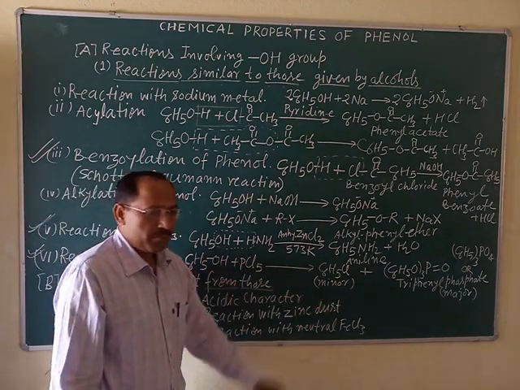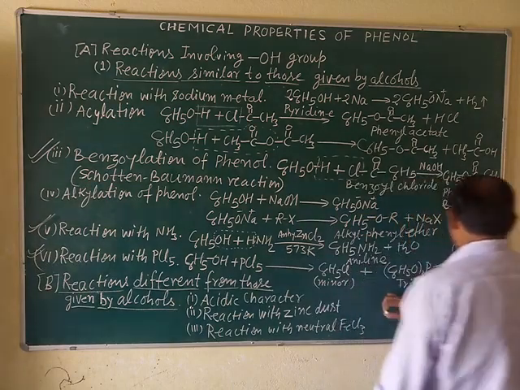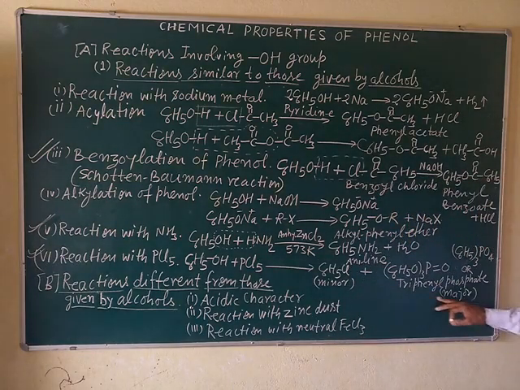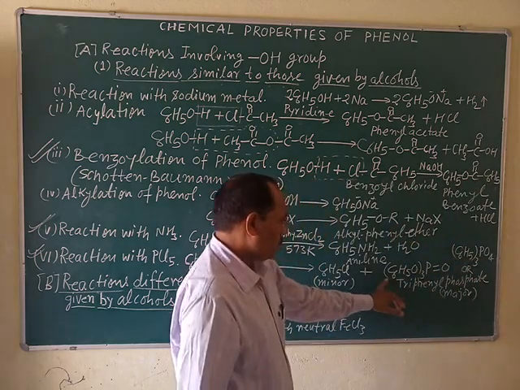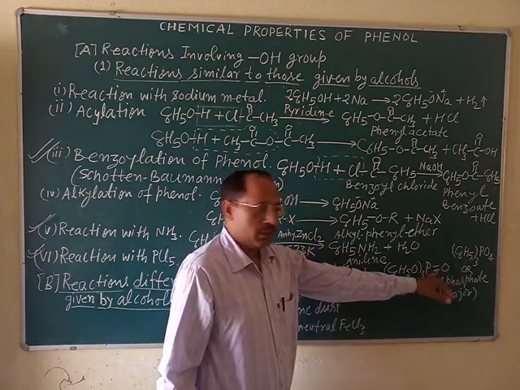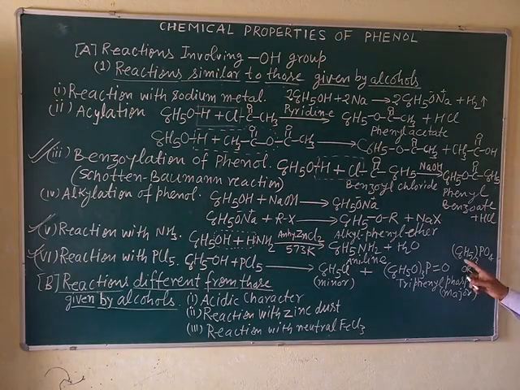That's why it is called a minor product. But its major product is triphenyl phosphate. That's why it is a very important reaction. Okay, triphenyl phosphate. Exactly, it is written as (C6H5O)3P=O, or very simply it can be written as (C6H5)3PO4. Triphenyl phosphate.